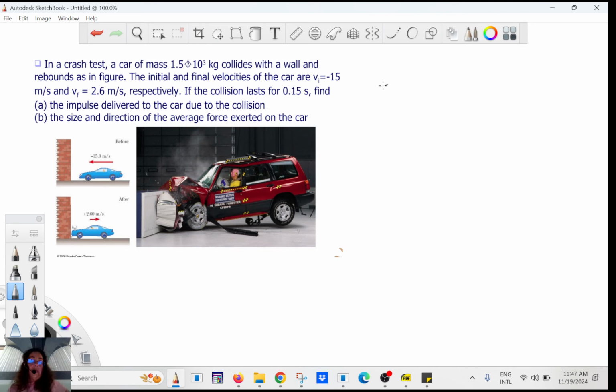Okay, so we have to decide. Let's say now I take, it doesn't matter which way is plus, which way is minus, but you have to stick to it.